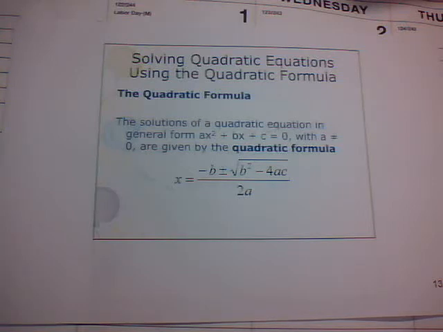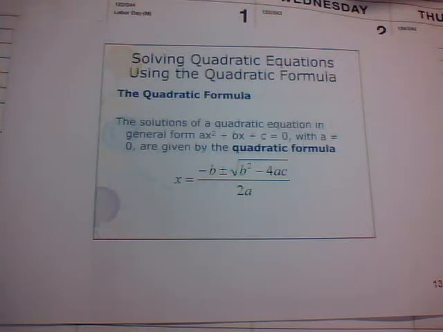The solutions of a quadratic equation in general form, ax squared plus bx plus c equal to 0, where a is not equal to 0, are given by using the quadratic formula. And in this case, you have x equals negative b plus or minus the square root of b squared minus 4ac, and that whole thing is divided by 2a.